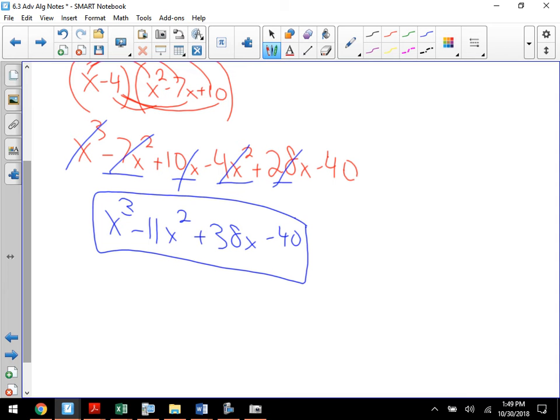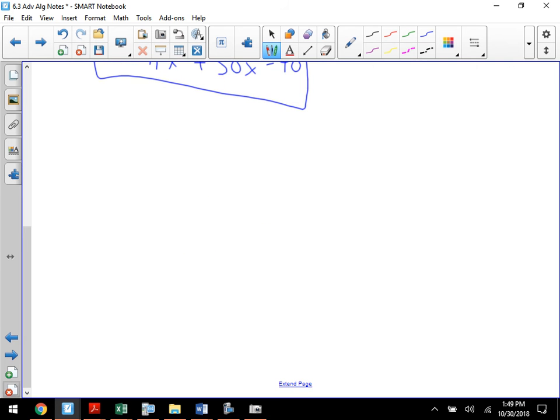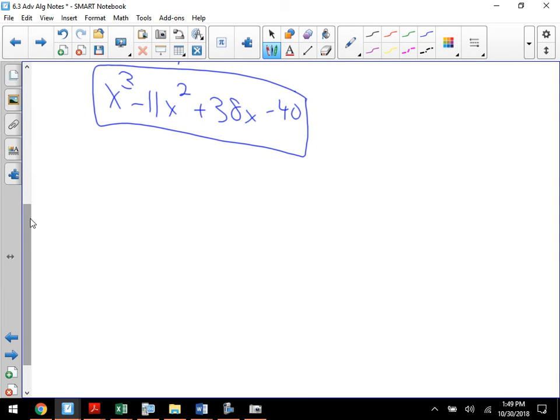What people were asking first hour was, okay, this is fine and dandy, but why are we worried about this now? Well, what I want you to think of is this. Last week we talked about what was 18 divided by 3. It was 6. You put the 6 here, you multiplied through, you had a remainder of 0. We knew then that 3 was a factor. 3 was a term of 18.